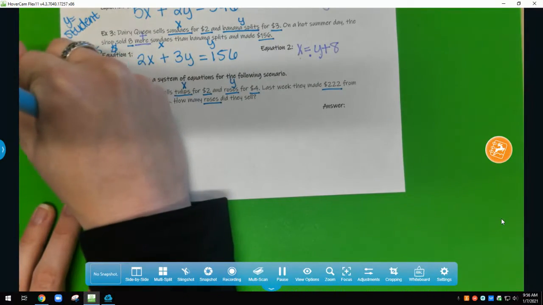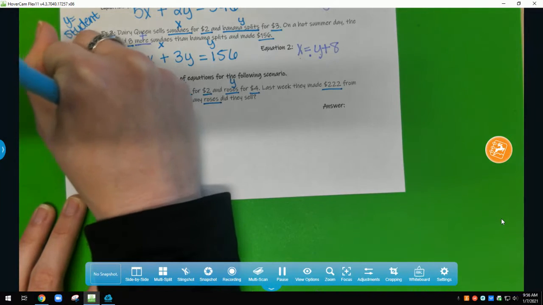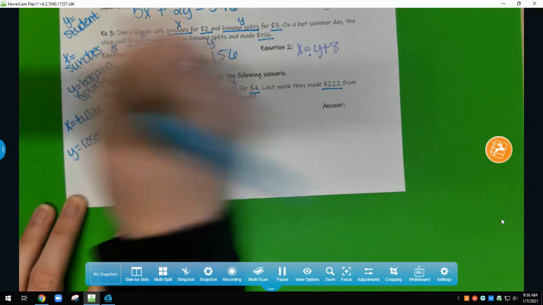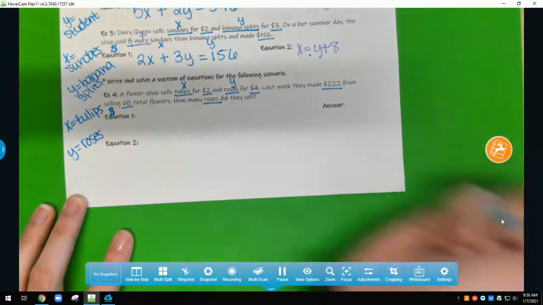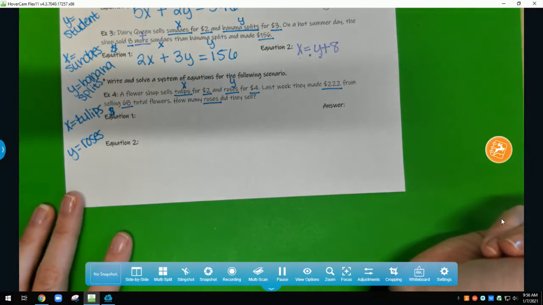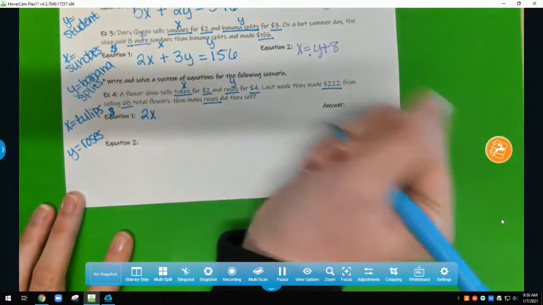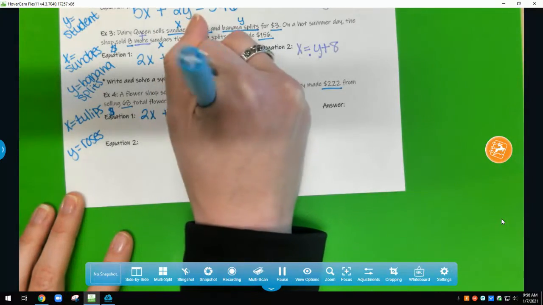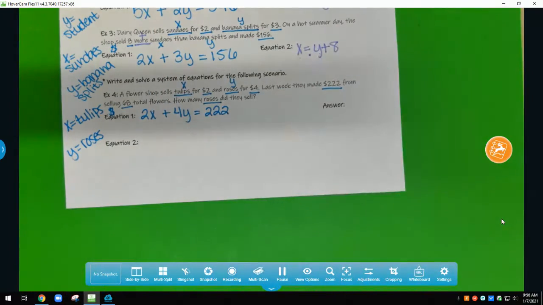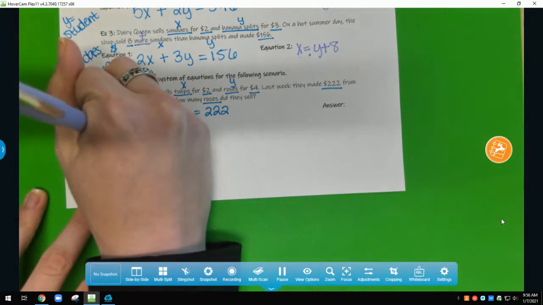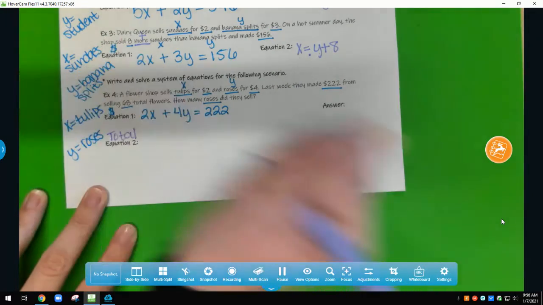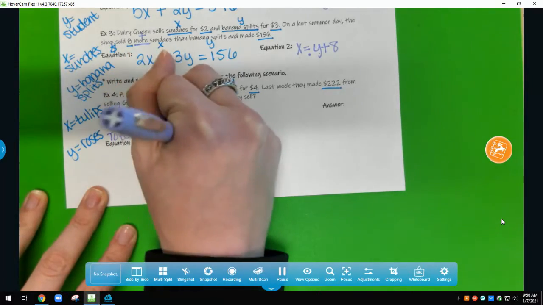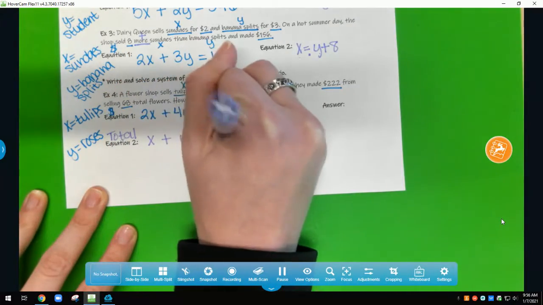We said x is tulips, y is roses. So equation 1, we can go back to the money: 2x plus 4y equals 222. Equation 2 can be our total. They sold 68 flowers, so x plus y equals 68.